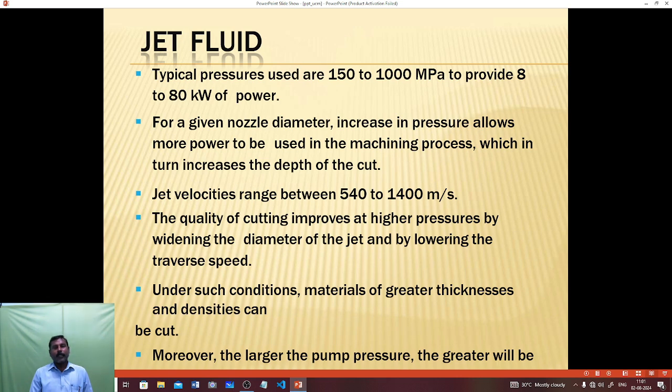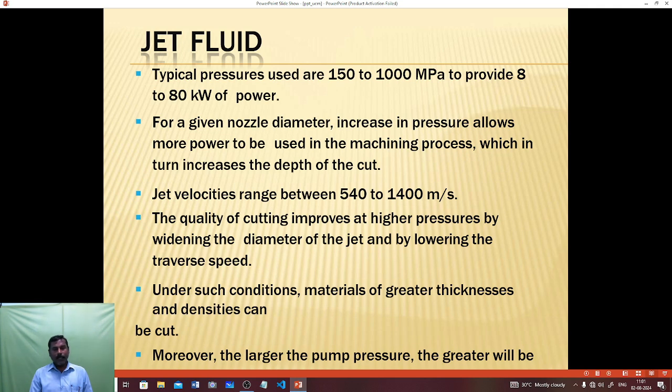For a given nozzle diameter, an increase in pressure allows more power to be used in the machining process, which in turn increases the depth of the cut. Jet velocity ranges between 540 to 1400 meters per second. The quality of cutting improves at a higher pressure, by widening the diameter of the jet and by lowering the transverse speed.